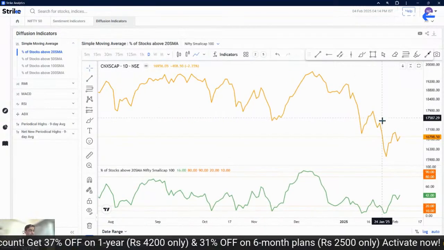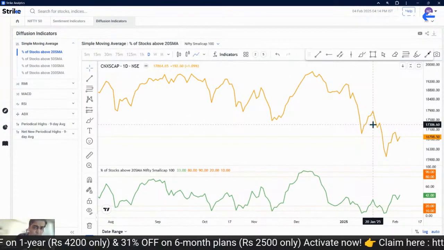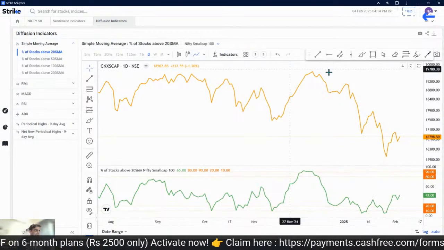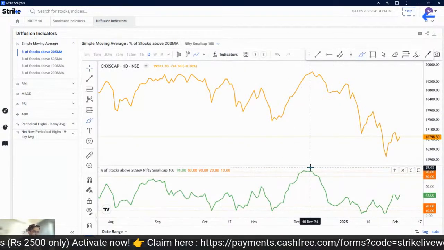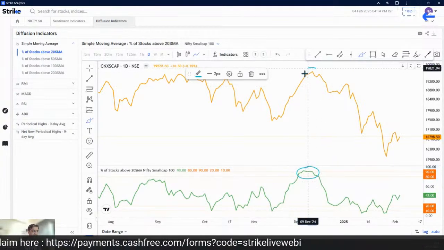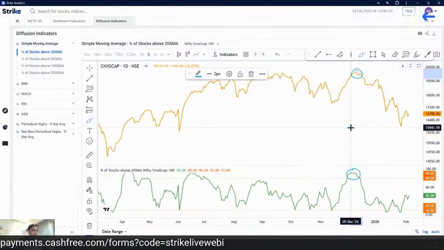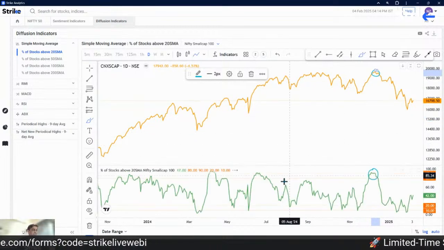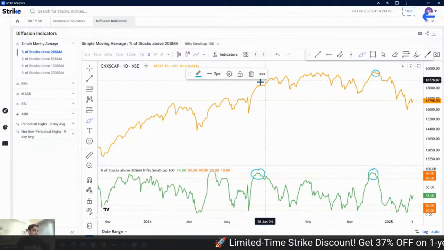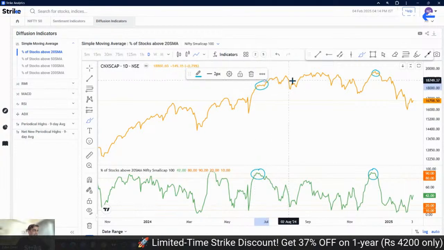So at least one thing we can do, if you are a short term trader or an investor, is avoid buying at these extreme readings. We can avoid buying when this particular indicator is at an extreme on the higher side.